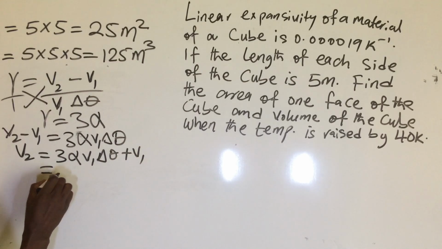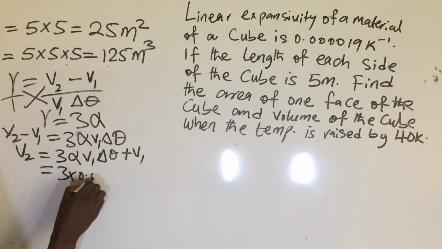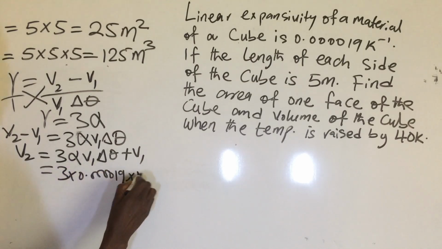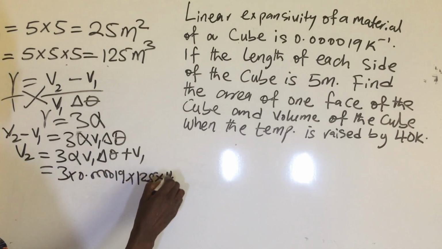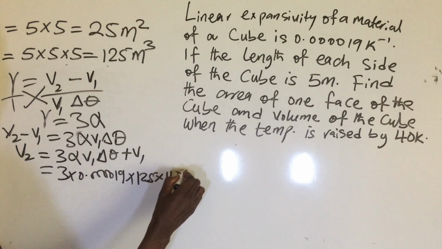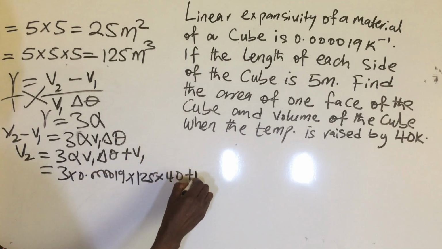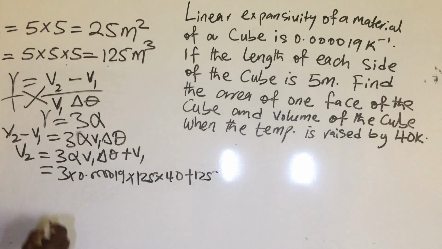Now let's fix our values. We have 3 times 0.000019 times V1, which is 125, times 40, which is the temperature change, plus 125, which is V1.